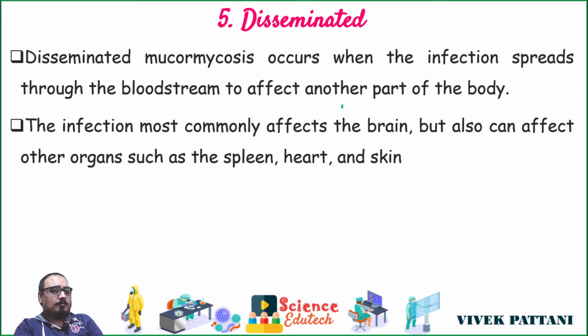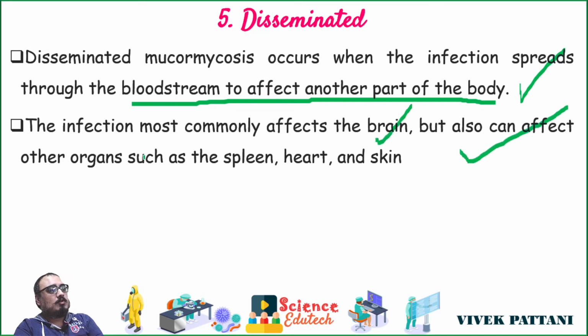It occurs when infection spreads through the bloodstream to affect another part of the body, and the infection commonly affects the brain, but can also affect organs such as the spleen, heart and skin. Disseminated mucormycosis infection may occur during an organ transplant, at the time when the body is still trying to identify the new organ.